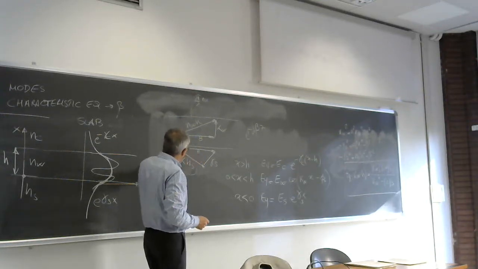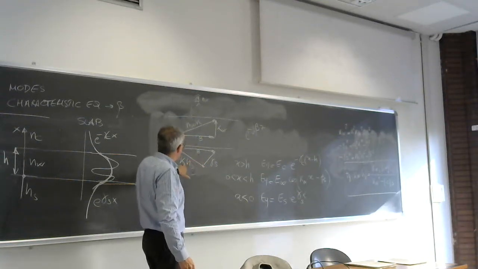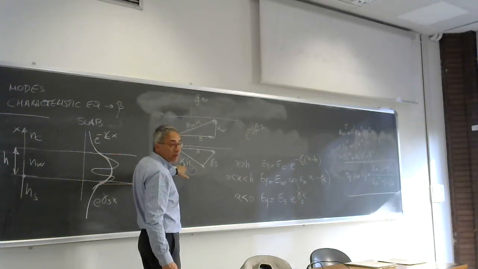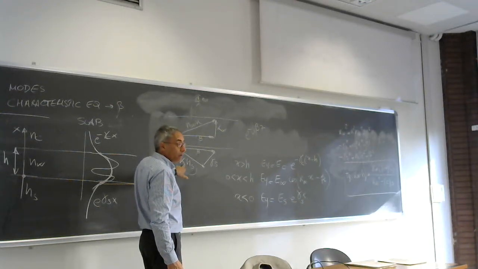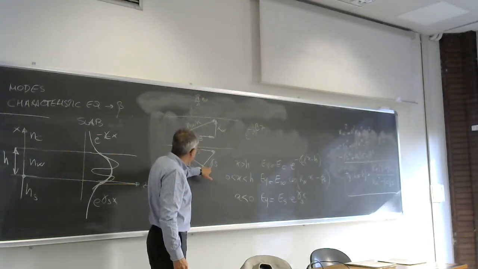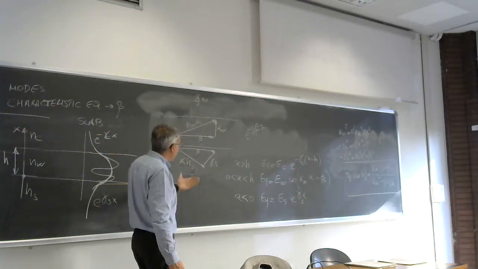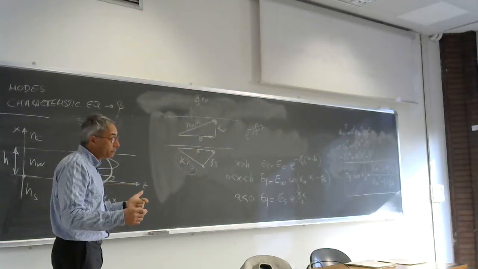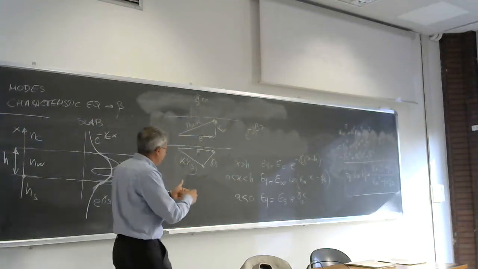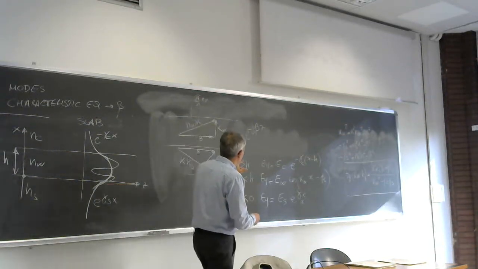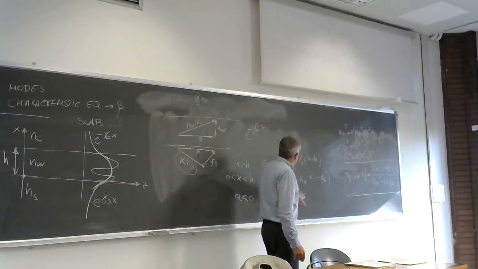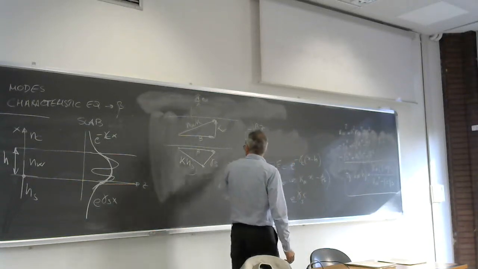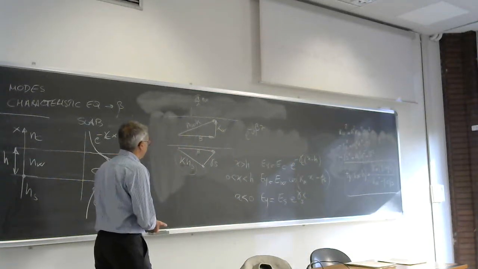But in this part, beta is larger than the wave vector in the material. So gamma, or the transverse wave vector, is imaginary. For this reason we use the exponential, we don't use the cosine, and the triangle is like this.